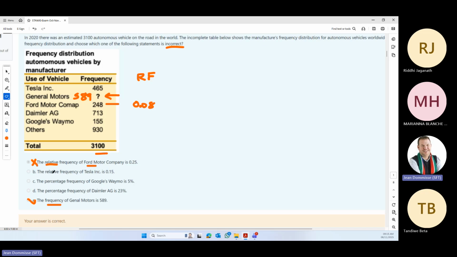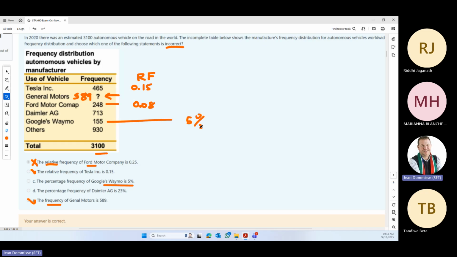Let's just look at the others. Relative frequency of Tesla: 465 divided by 3,100, 0.15. Okay, so that is correct. Percentage frequency of Google: 155 divided by 3,100 times 100 to get percentage.